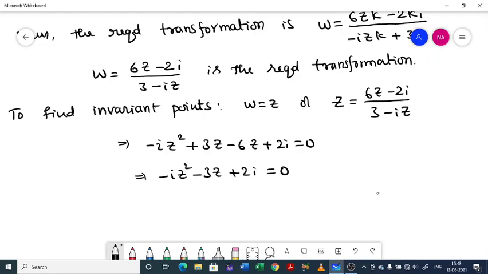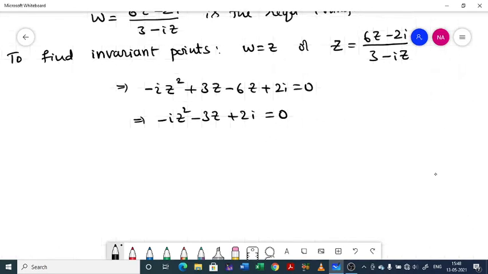So this is a quadratic equation. Now simplifying this quadratic equation and applying the Sridhara's rule, z will be actually 3 plus or minus square root of 9 minus 8 by minus 2I. It will be 4 by minus 2I, 2 by minus 2I.